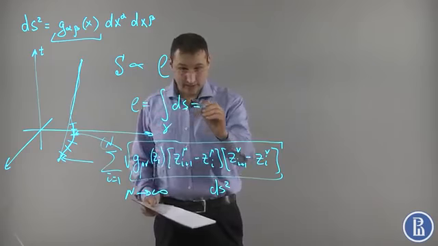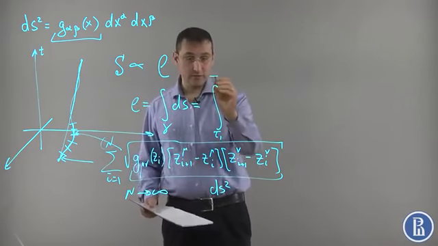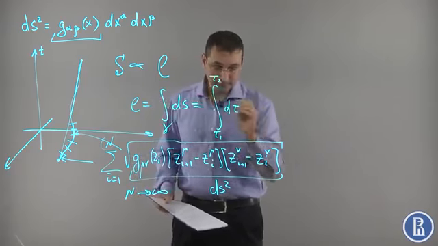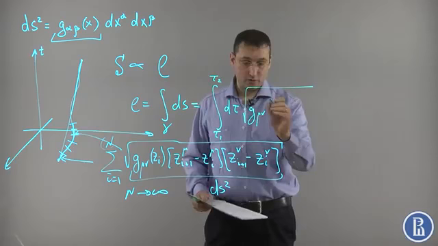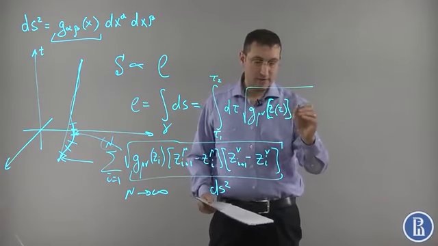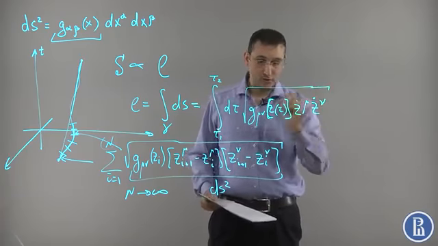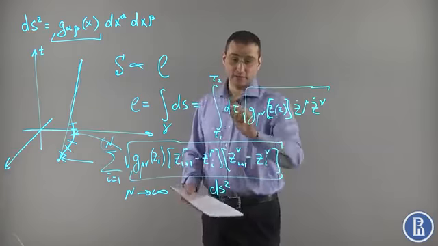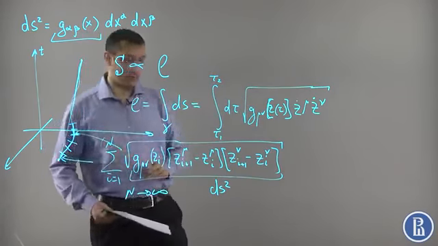At the same time, this is the integral from tau 1 to tau 2 of d tau times the square root of g mu nu of z of tau, z mu dot, z nu dot, where dot means differentiation with respect to tau. Tau is just a parameterization of this world line.